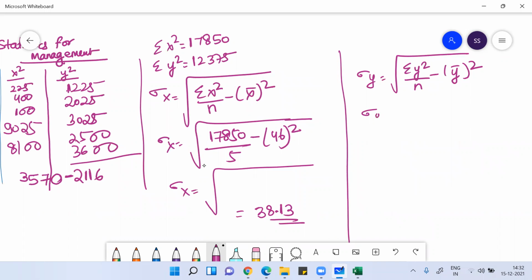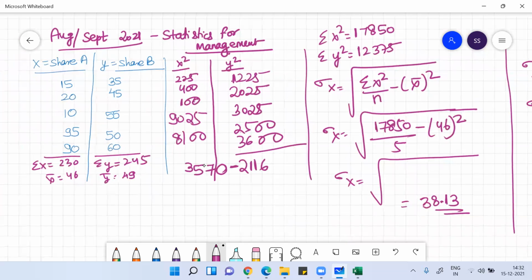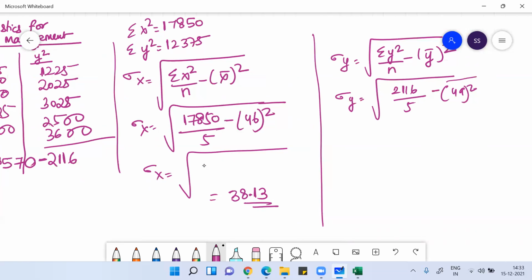Summation of y square by 5 minus y bar, 49 square, which is 2401.